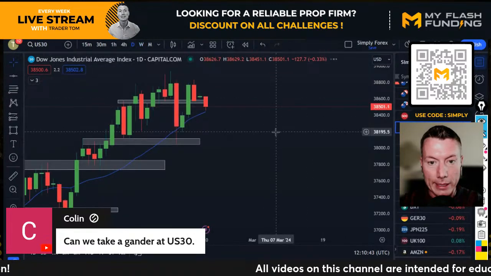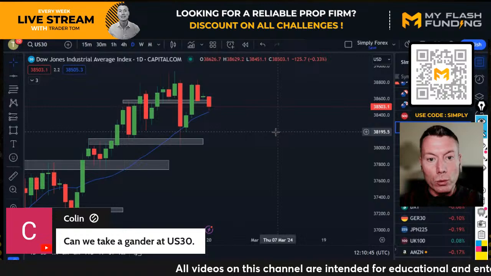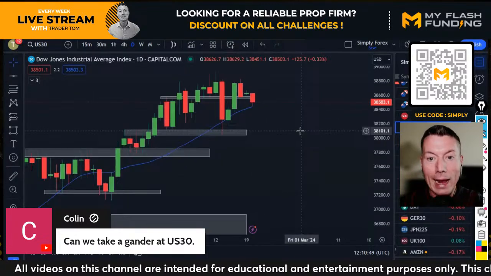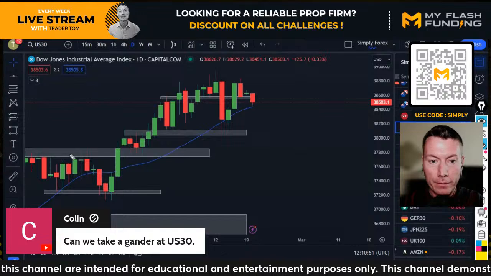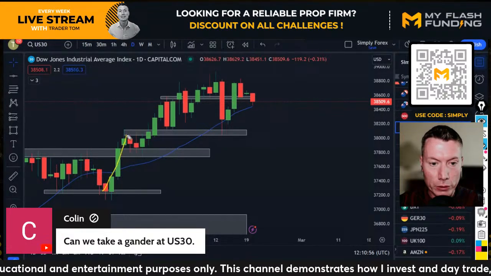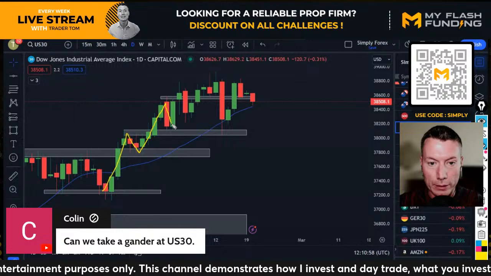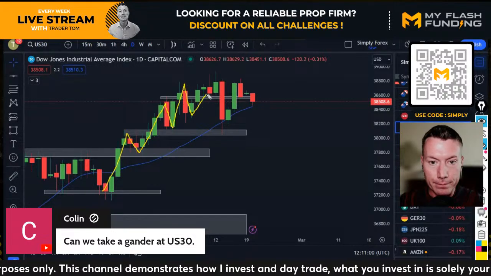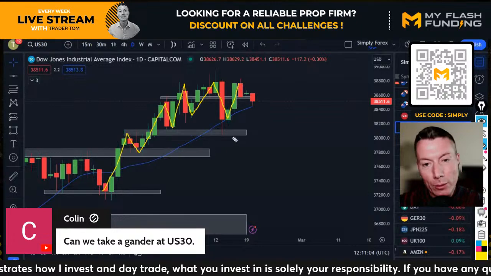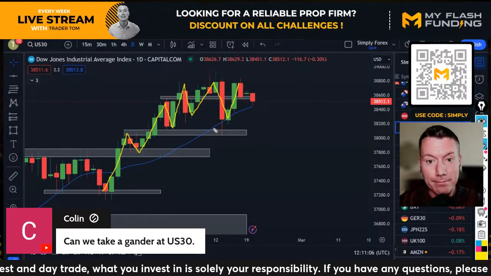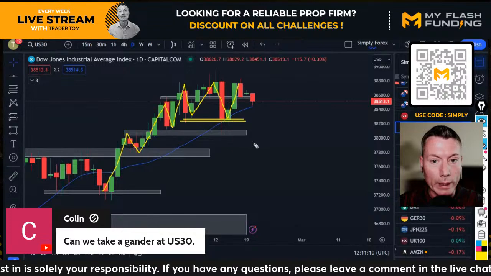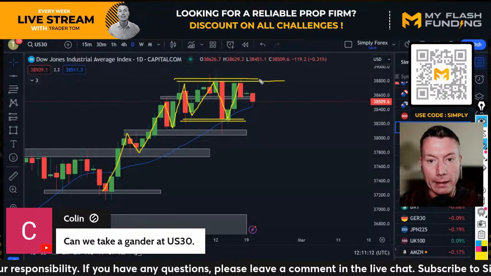If we drop down to the day chart, we're still in an uptrend. However, things I'm looking at in the market, guys: first of all, I want to understand structure. Structurally, we're still in an uptrend, possibly the start of a range, between here and here.